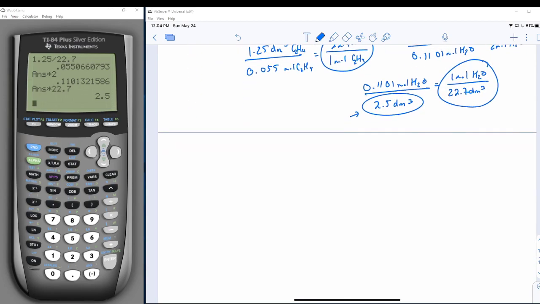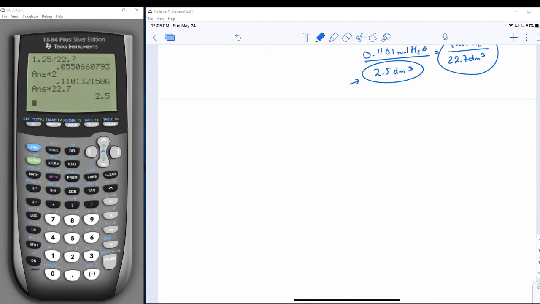Okay. One more problem. Number 3. 2Cl2 plus C2H2 yields C2H2Cl4. Now, this one incorporates the ideal gas law with the molar volume, and also our normal stoichiometry here. So we start with 75 grams of C2H2Cl4, or how much we produce of that.